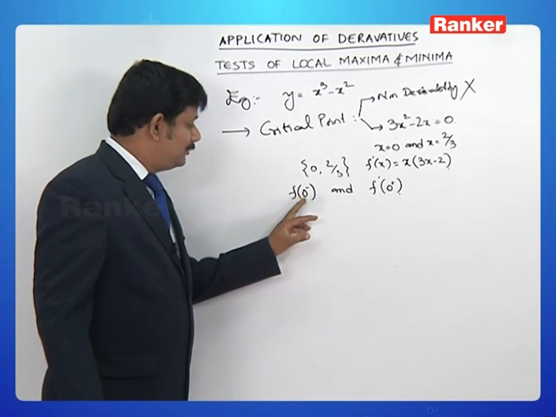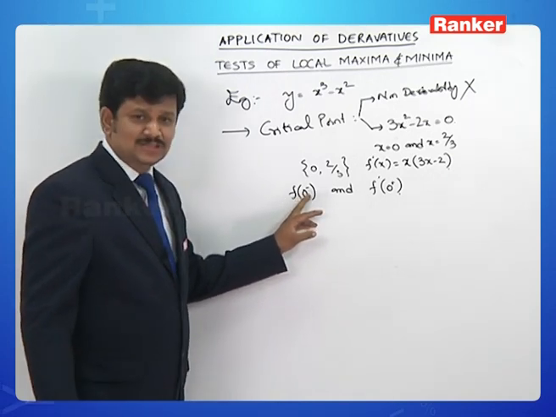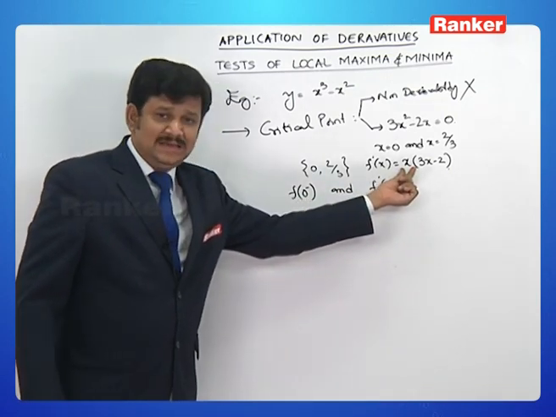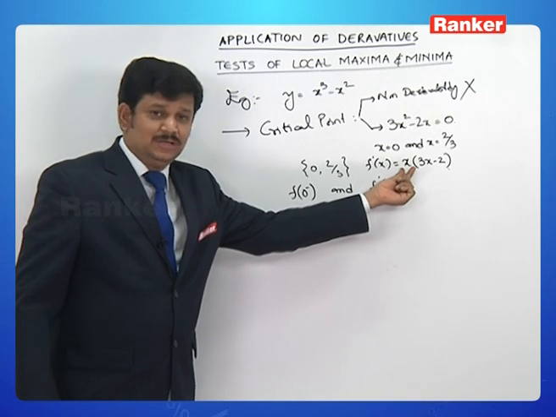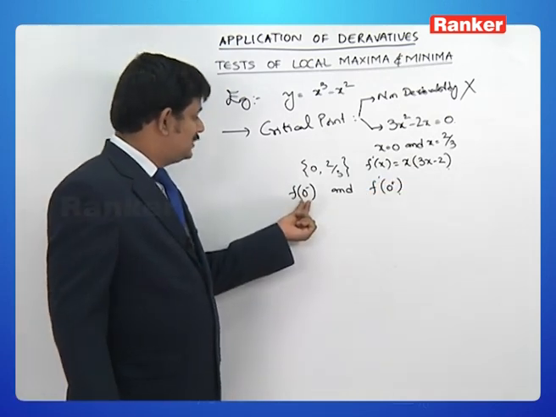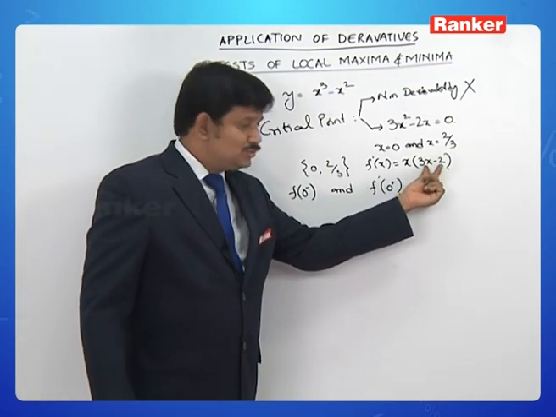F dash of 0 minus, we need to see whether it is positive or negative when x is less than 0. When x is less than 0, this quantity is negative. 3x minus 2, when x is less than 0, is also negative.